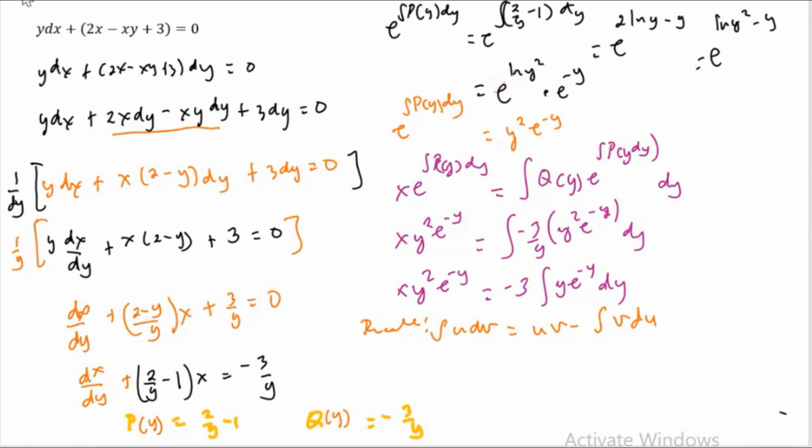In our problem, we have the integral of y e raised to negative y dy. So we let u be y, and dv is the remaining terms, which is e raised to negative y dy. Now, solve for du. Our du is the derivative of y, which is dy, and our v, the integral of e raised to negative y dy, is equal to negative e raised to negative y.